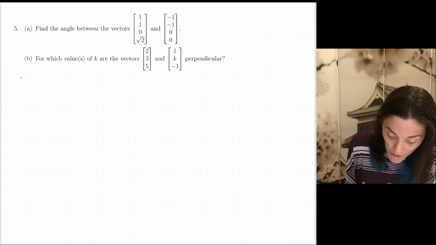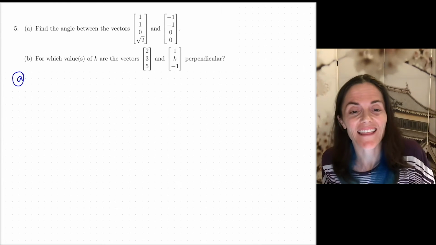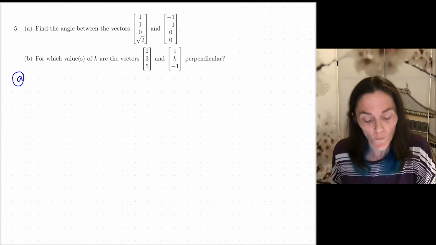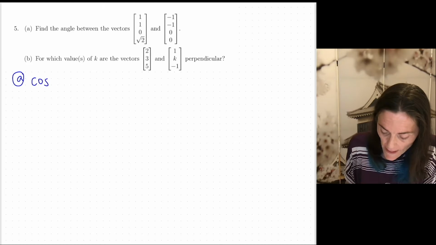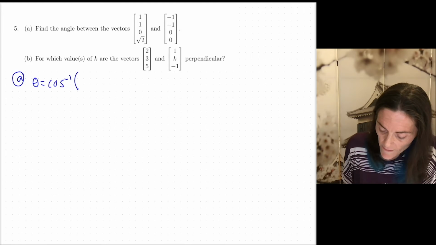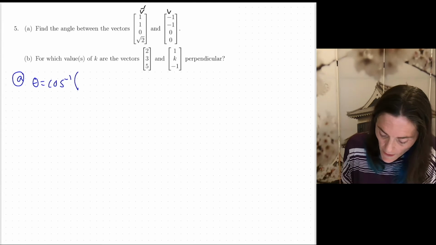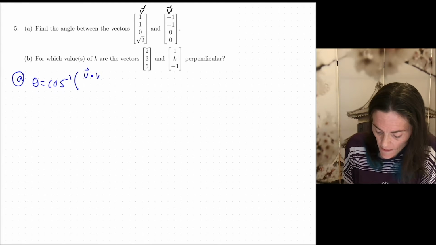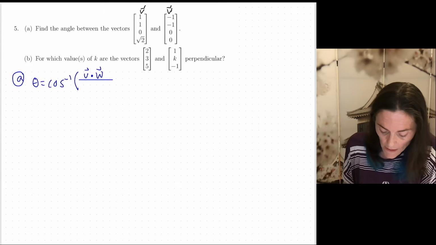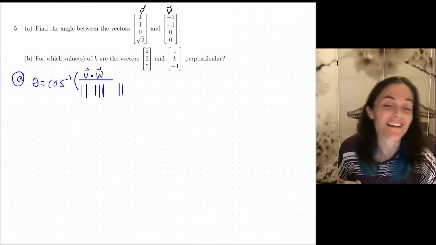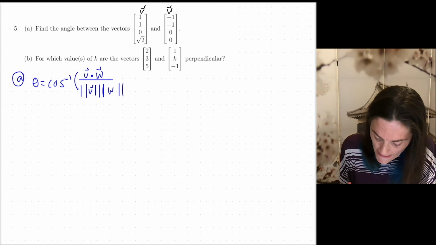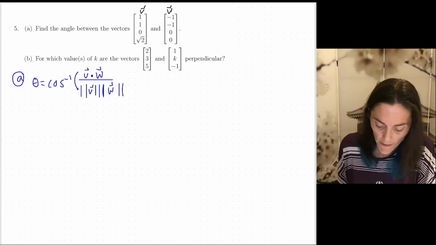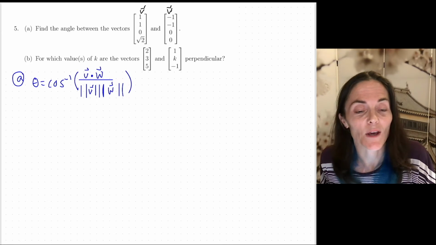Number 5, we have 2 parts. Okay, part A, we want to find the angle between these 2 vectors in R4. So we use the fact that theta is the cosine inverse of, well, if I label this V and this W, then the angle between them would be cosine inverse of V dot W over the length of V times the length of W. Okay, so what we need to do is just calculate all these quantities and then figure out what is that the cosine of.